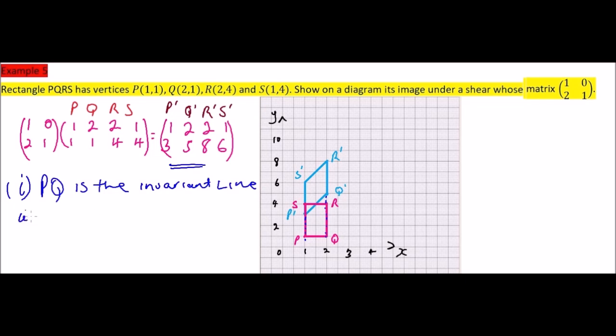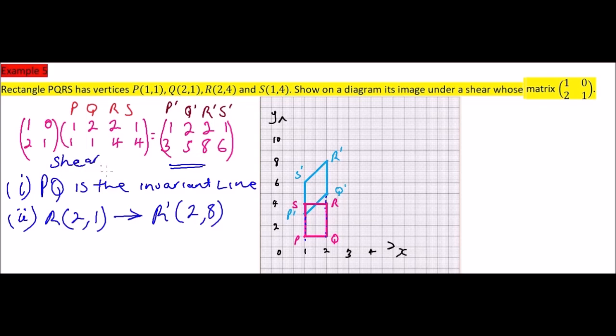The second way we describe this shear is with a point, either P or R. I will use R. Our R is at 2, 4, and it is mapped onto R prime, which is at 2, 8. So that is how you describe this shear.